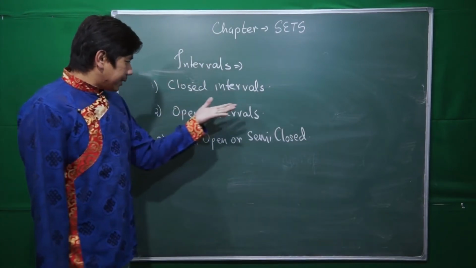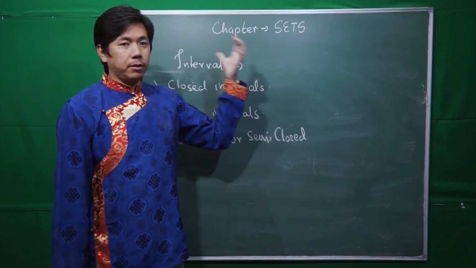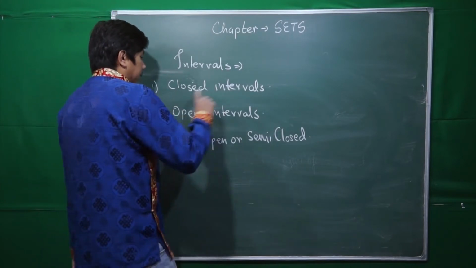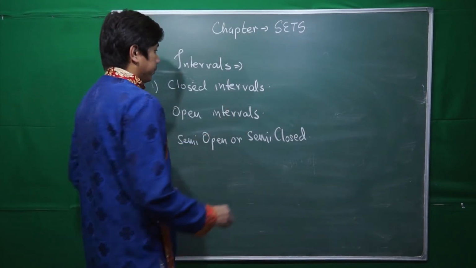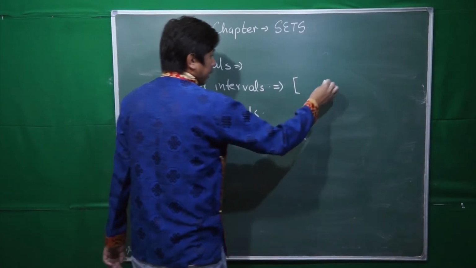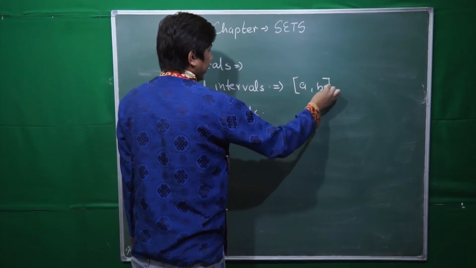Now, the topic itself is not as important as the figure or the statement in which way it is written. That is also important. So, for a closed interval, you have to see this carefully. We represent it in the form of square brackets, a comma b.